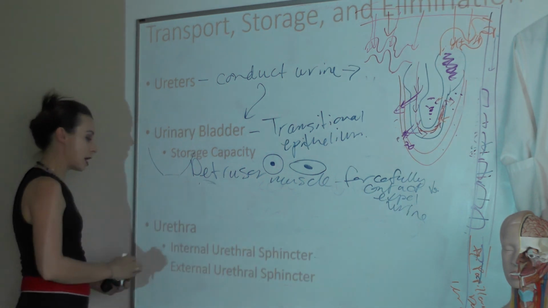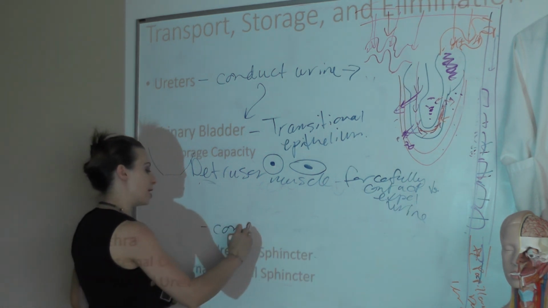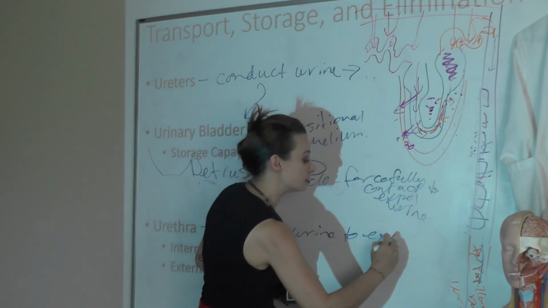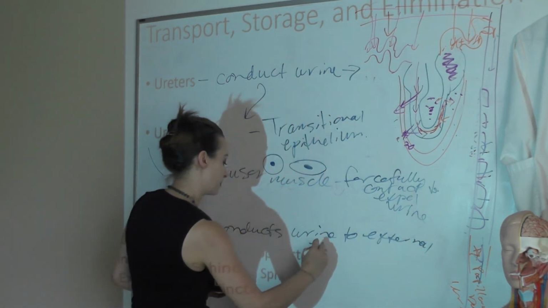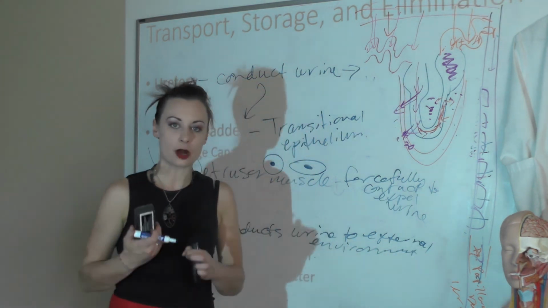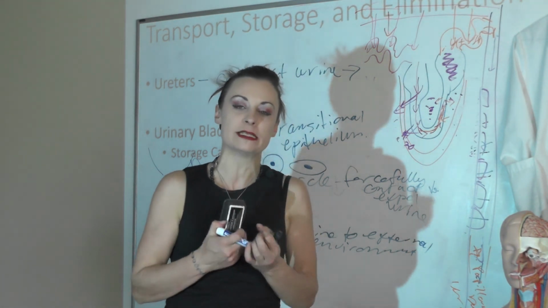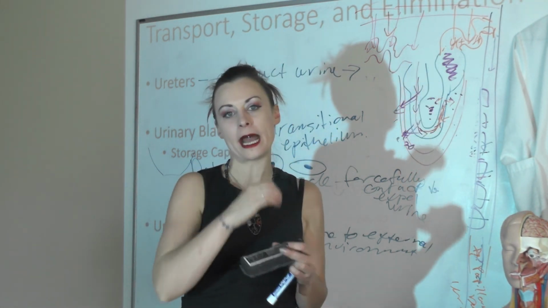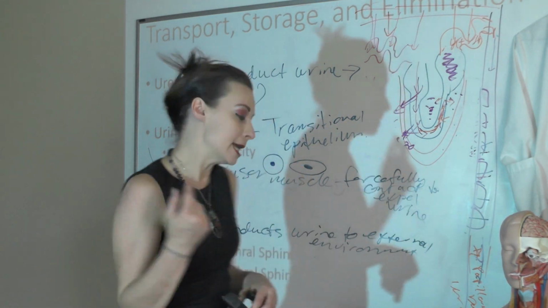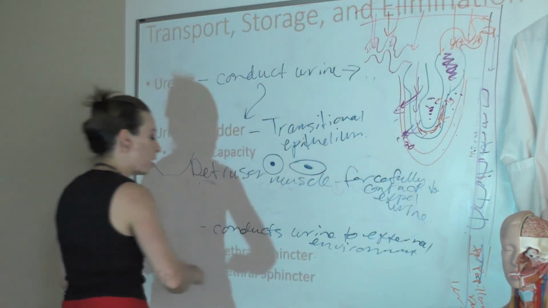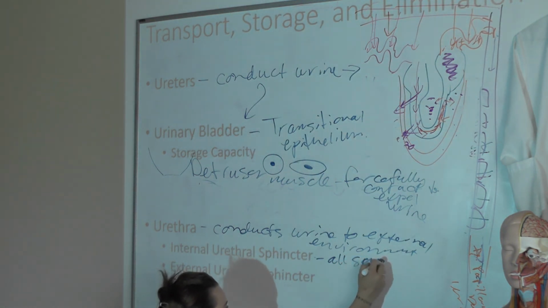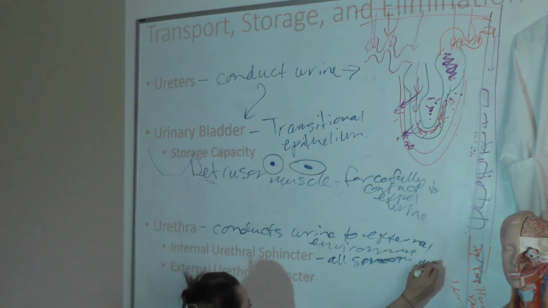So the urethra is going to conduct urine to the external environment. And it's got 2 sphincters. Sphincters are little circular arrangements of smooth muscle that control the passage of material from one organ to the next. The internal urethral sphincter is all smooth muscle, and so it's involuntary.